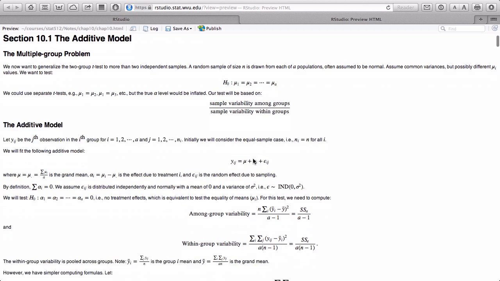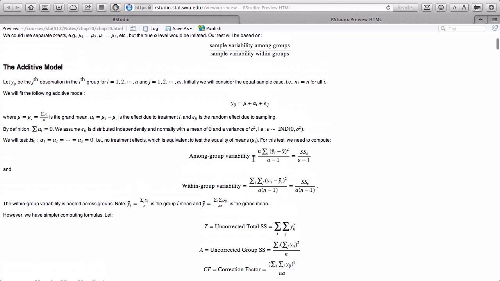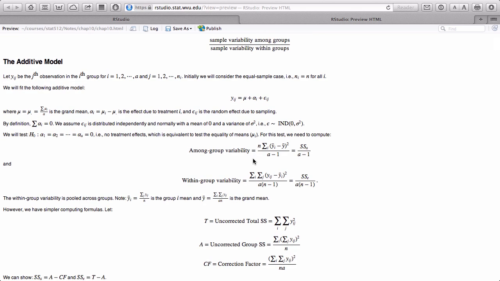So just quickly to go over, I want to show you some of the things I added. We went over the additive model. We could have written this model as y sub i j equals mu sub i plus epsilon sub i j. And if you did it as mu sub i, you would see that there are a parameters, mu1, mu2, up to mu a.